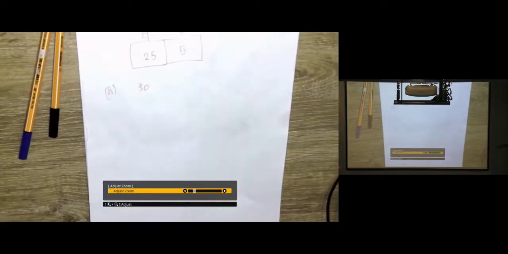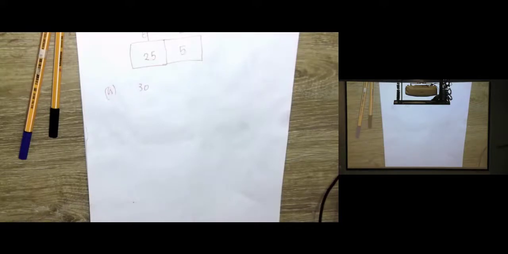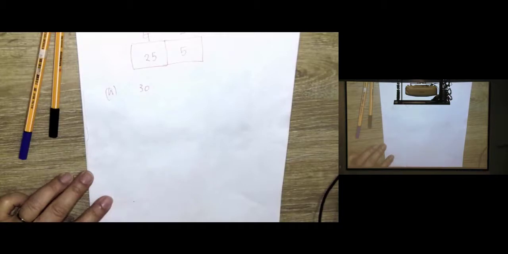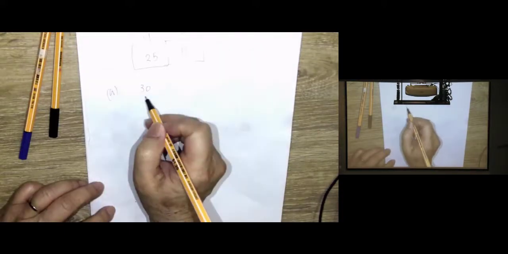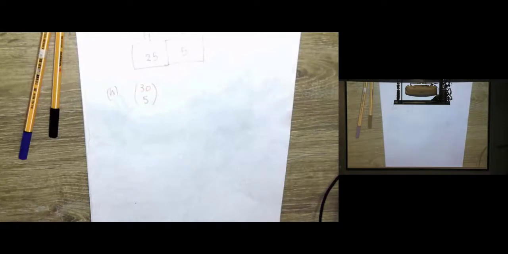Here, you are thinking of all the apples. You can tell them apart. Now, of course, this is a bit of a stretch for apples. All right. But anyway, you have 30 apples from which you choose 5.